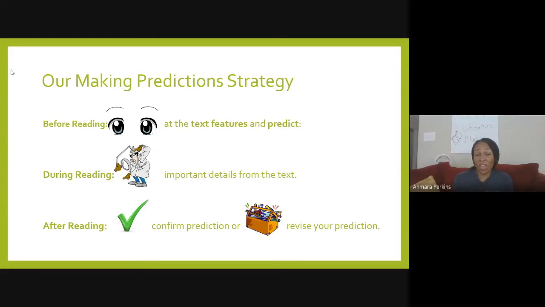So after we look at our text features and make those predictions, we read and say, okay, we're on the right track, or maybe we'll have to go back and fix something. Then after reading, we were able to confirm our predictions because they were correct, or we had to revise our predictions because they weren't correct.